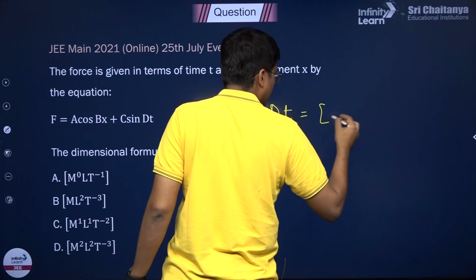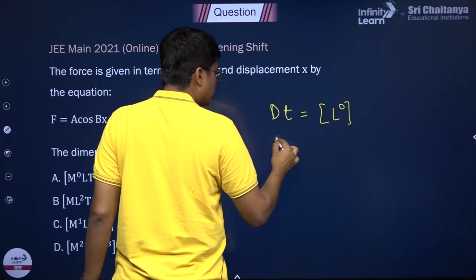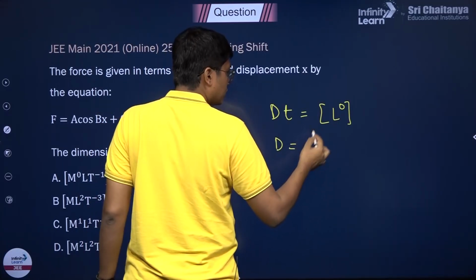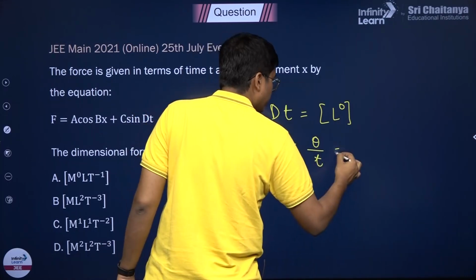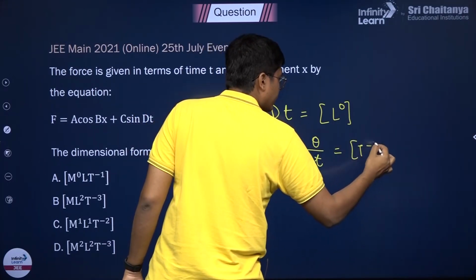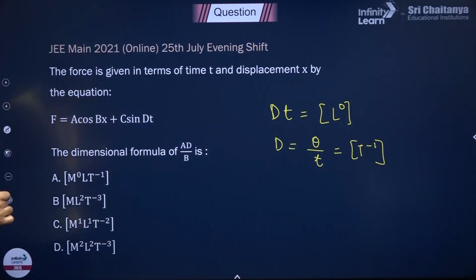It should be L to the power 0 only. So dimensions of D would be theta divided by t. So dimensions of D should be equal to T to the power minus 1. Right, so we've got the dimensions of D.